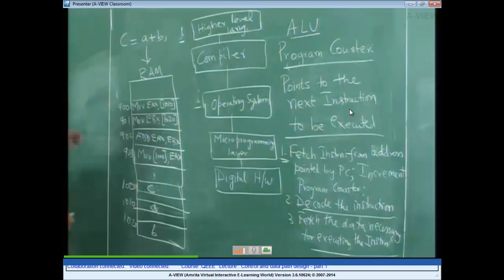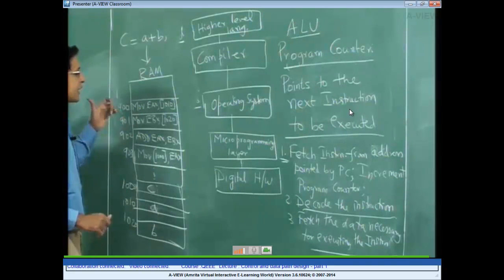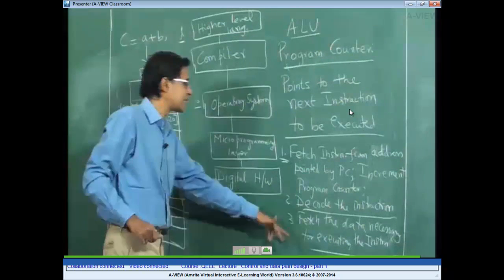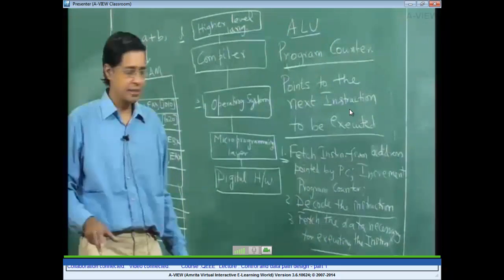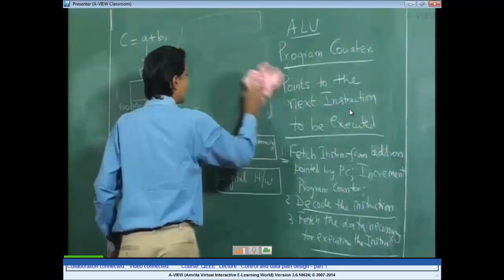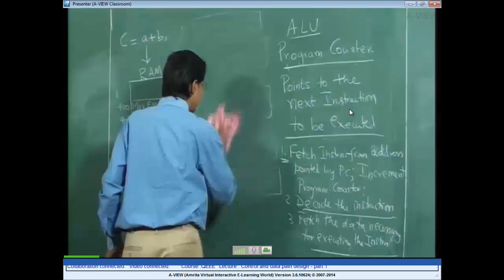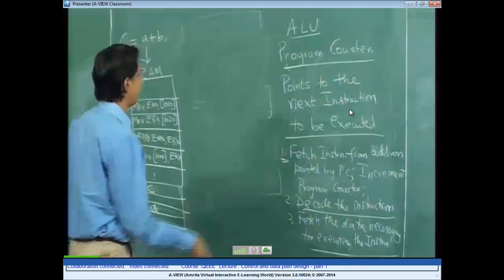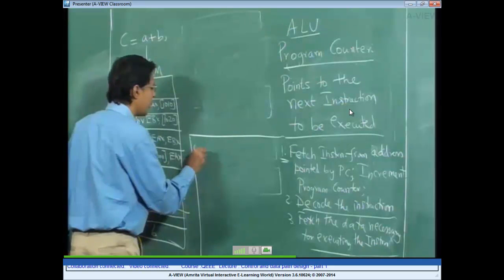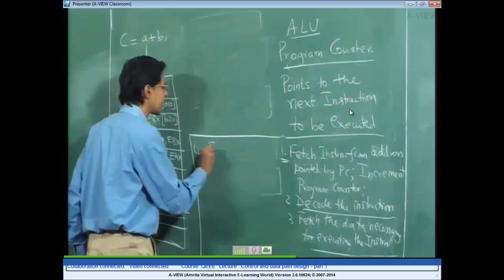So first I will fetch the instruction, next I will decode the instruction, now I will fetch the data that is necessary for executing the instruction. Now the fourth step would be to actually execute the instruction.